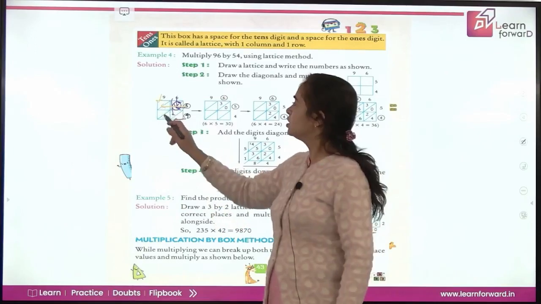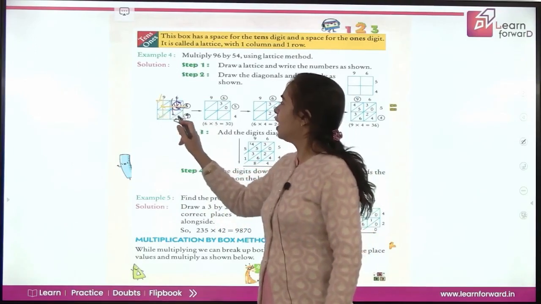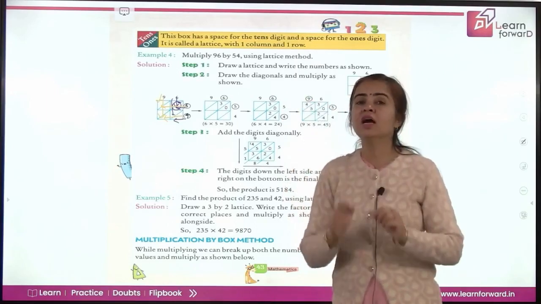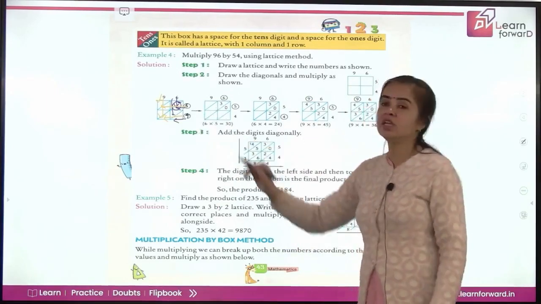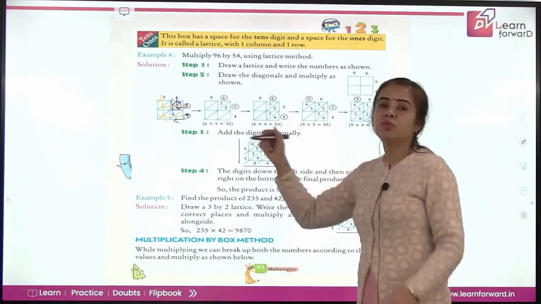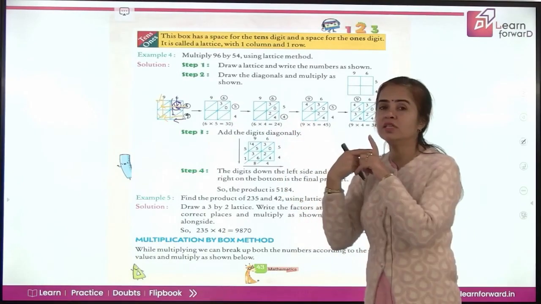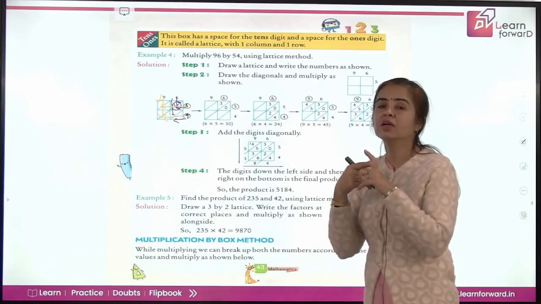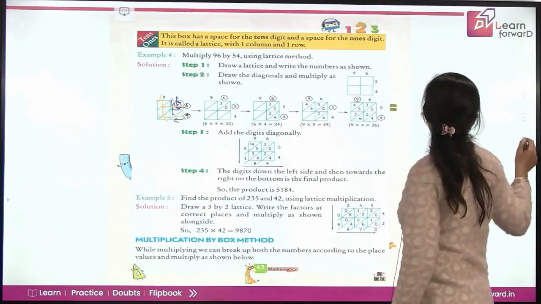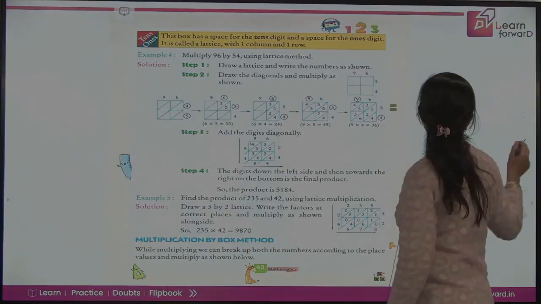And for this box, we have 9 and 4 together. I hope you have understood what is the point of contact here for each of the boxes. We just have to see that for each box, which two digits are just getting attached, right? After that, we will start with the multiplication.